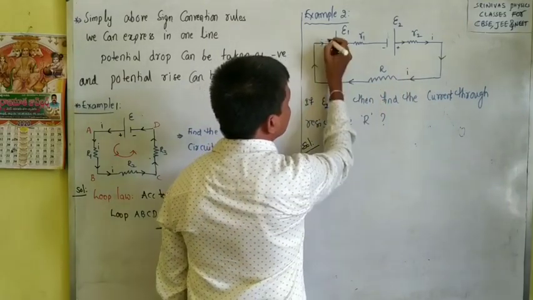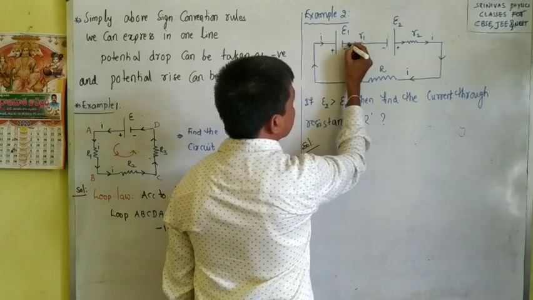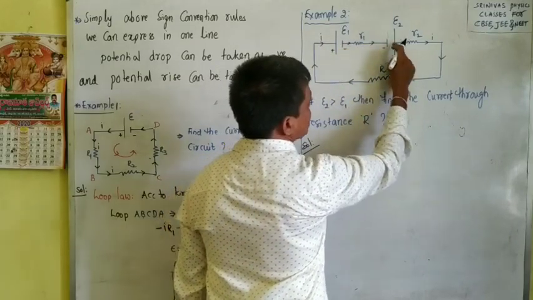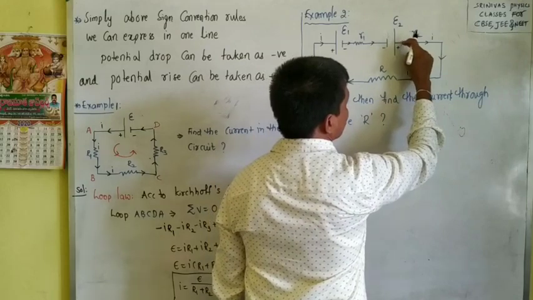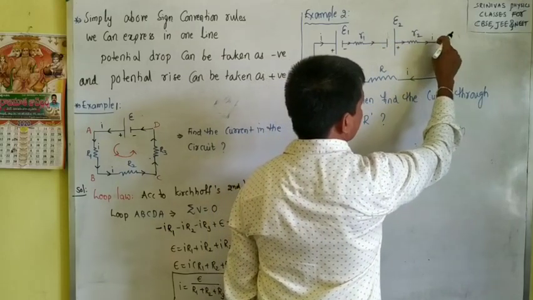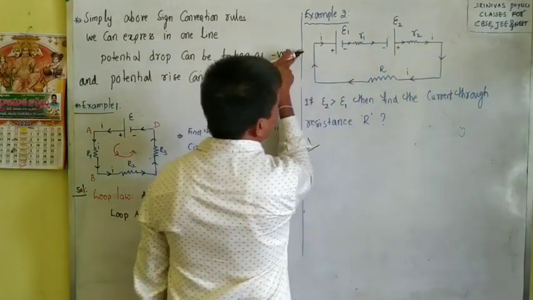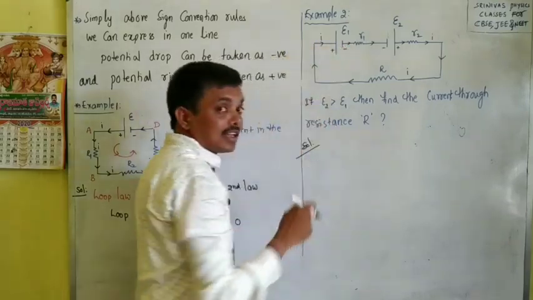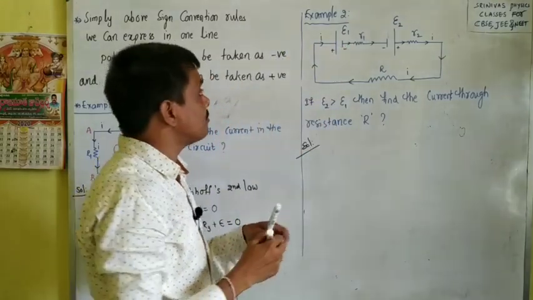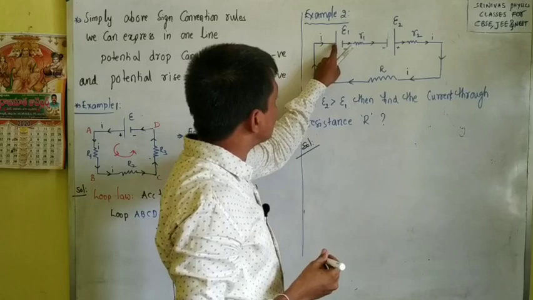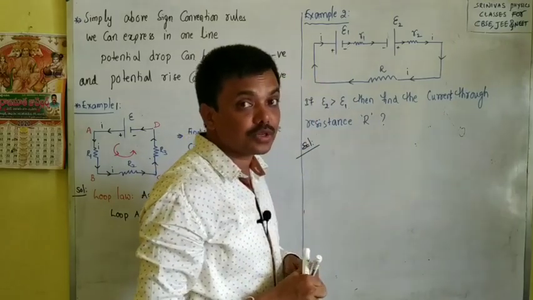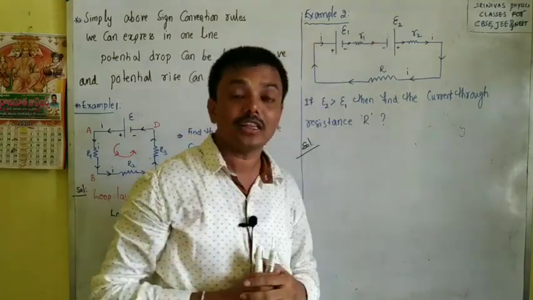What happening at here? The first cell is discharging from the current, from the second cell current is coming like this, and current enters into the first cell. That means what happening? Actually, from the positive of the cell, current should come outside, but it is not coming out, it is entering into the cell. That means what?